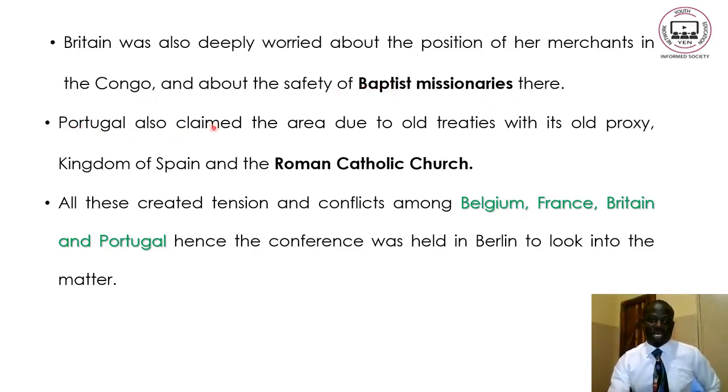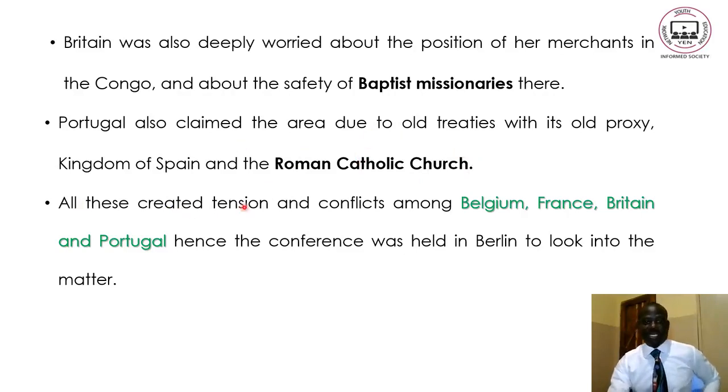And Portugal also claimed the area due to old treaties with its old proxy kingdom of Spain and the Roman Catholic Church. So Portugal claimed to say, in Congo we also have the old friendship with the people there, and we were the first ones to introduce Christianity there through the Roman Catholic Church.